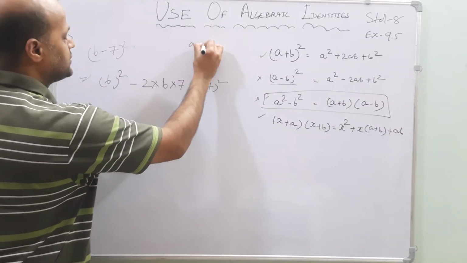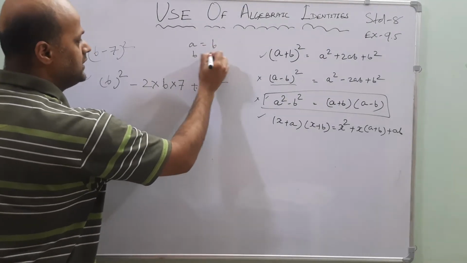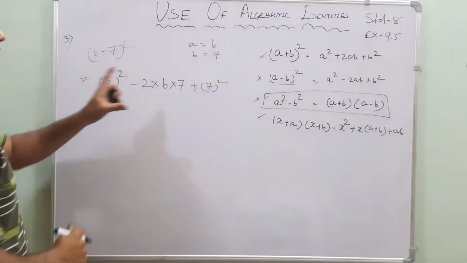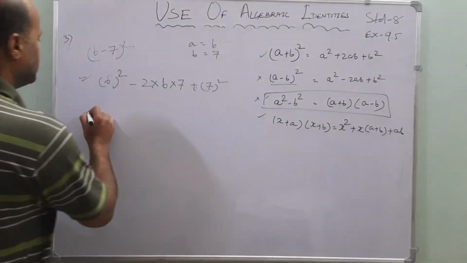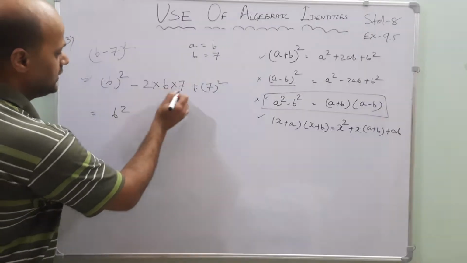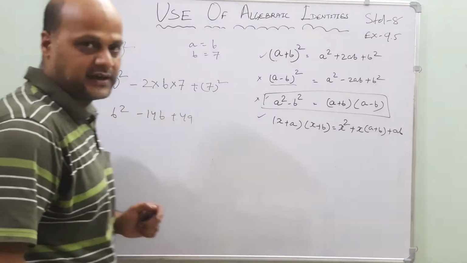Otherwise, you can write here a is equal to b, b is equal to 7, so that you can easily write the identity. So b square, who will tell me? Minus 14b plus 49. How easy it is, my dear friends?